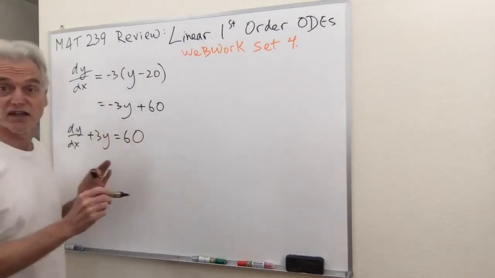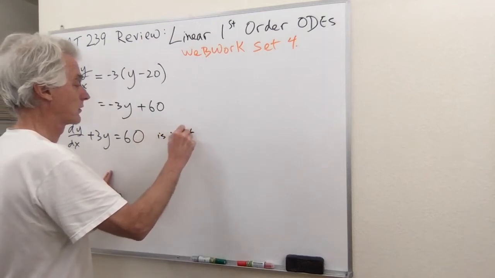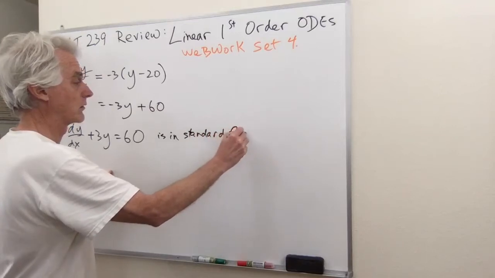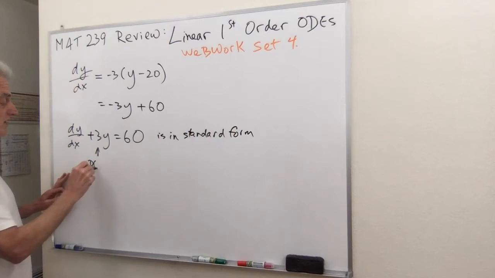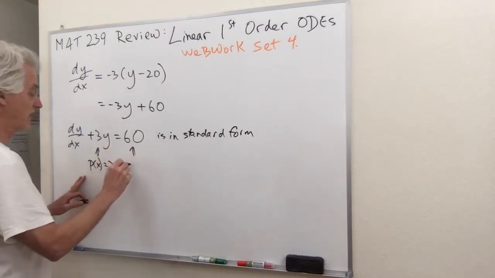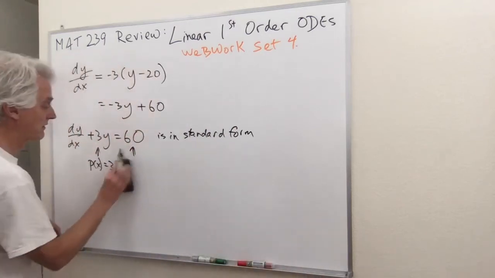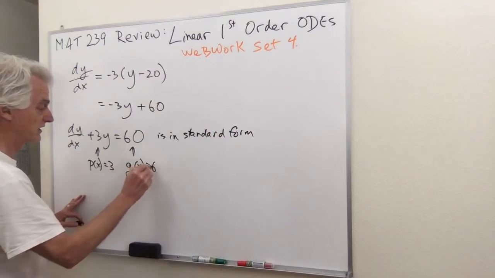This is in standard form. Here we've got this p of x is 3, and here we've got the q, I'll try to call it g. g of x is 60.